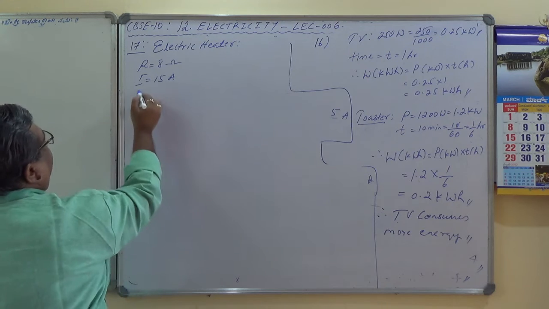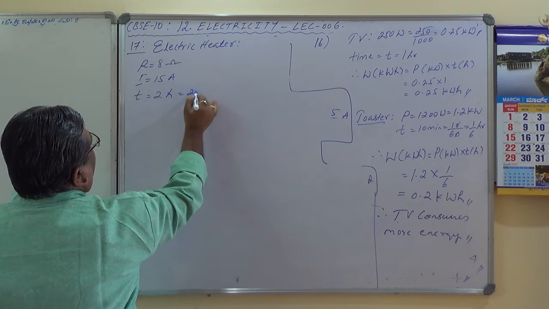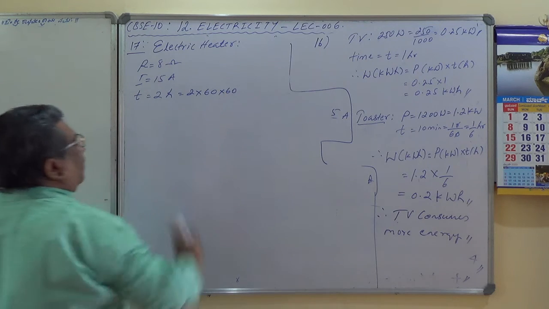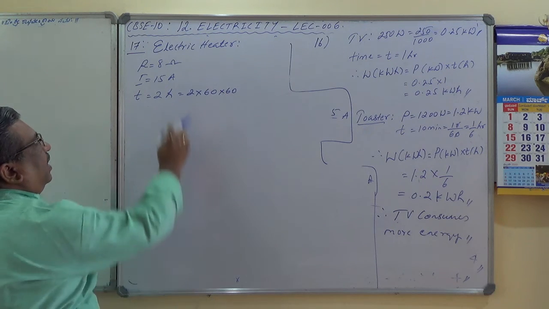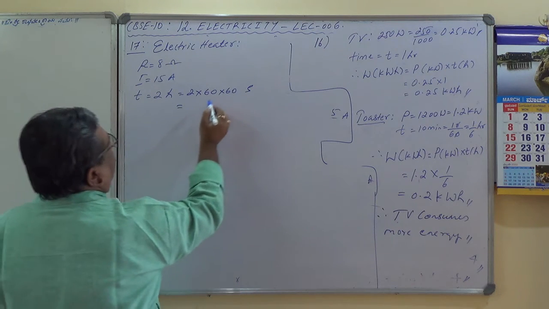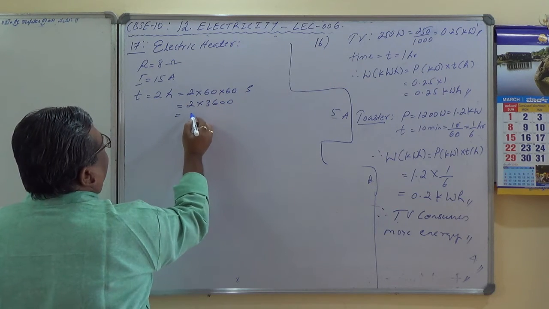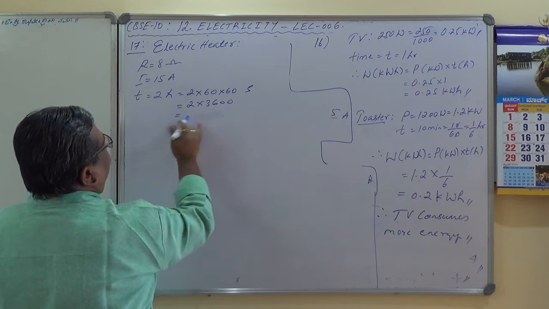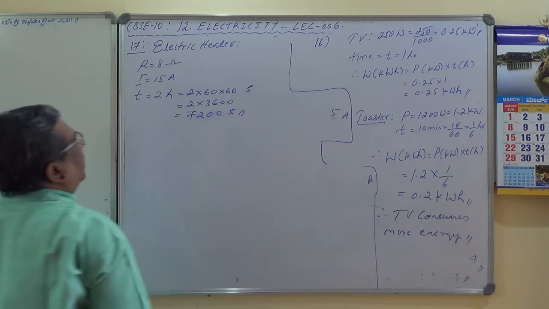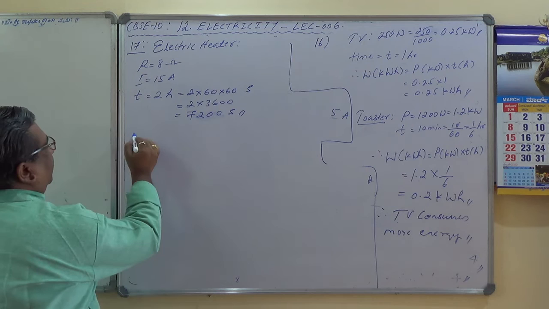And for a time equals 2 hours, which is equal to 2 into 60 into 60 seconds. 2 into 3600, which equals 7200 seconds.